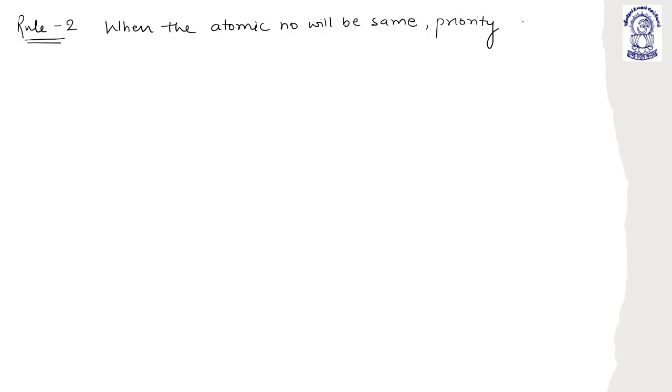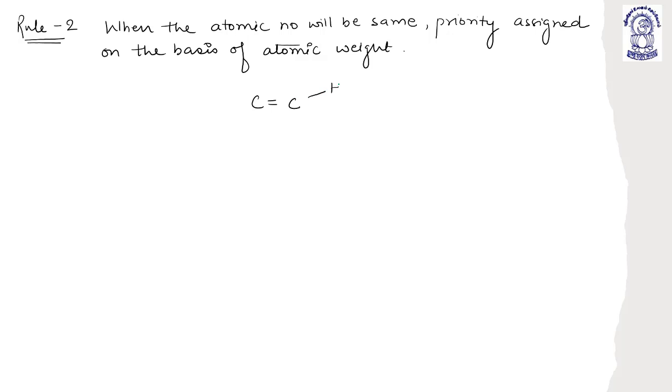Priority will be assigned on the basis of atomic weight. Like C double bond C, deuterium.